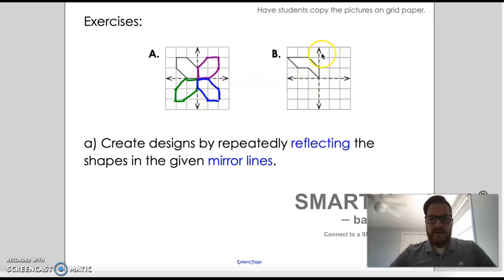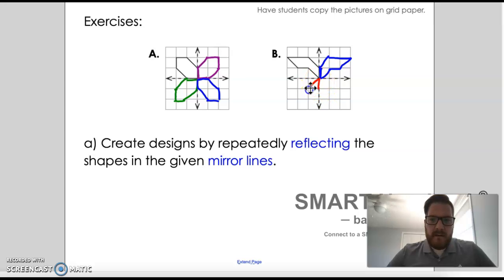This one will be a little bit interesting. So I'm going to do the across the vertical line first. And so that goes up here and then 2 to the right, because I'm trying to make a mirror image. Okay, so that's the first reflection. Across the vertical line, I'm going to reflect it.